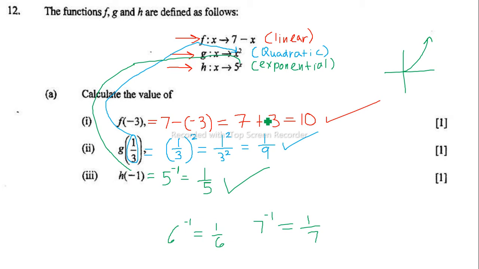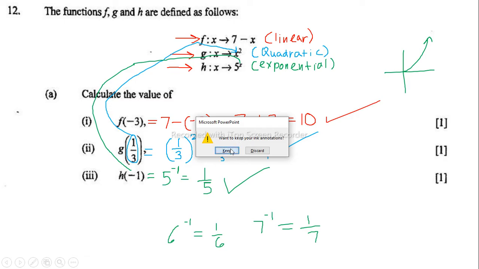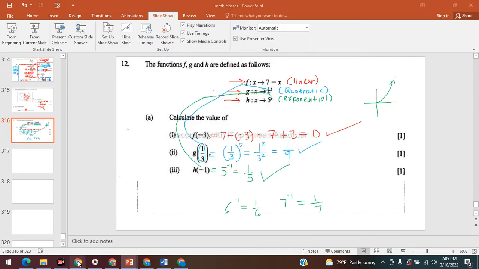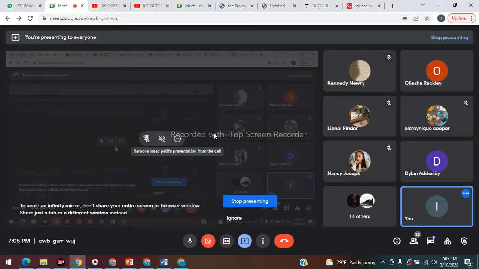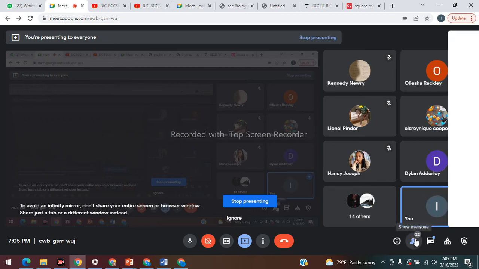Let me know when I can move it. You can move it. Alright, thank you. Alright, please send a photo for me, please.